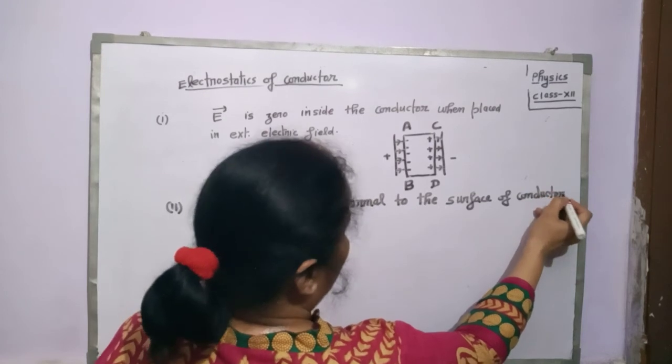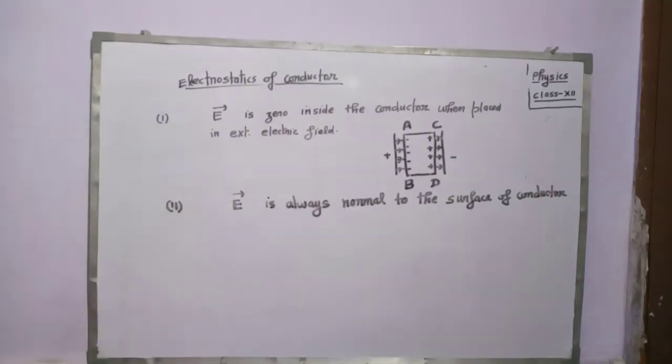How can you say this? Electric field is always normal to the surface of the conductor.